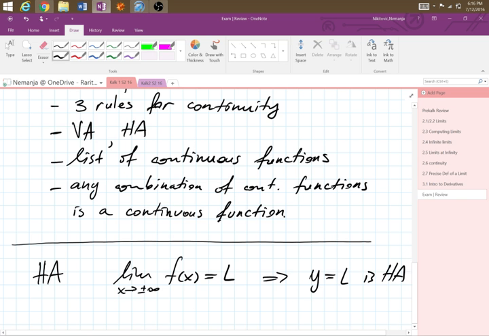Now, the pre-calculus 3 rules for a horizontal asymptote state that if the highest exponent in the numerator is bigger than the highest exponent in the denominator, then you have no horizontal asymptote. If they're the same, you take front coefficients. If the one on the bottom is higher, then it's 0.